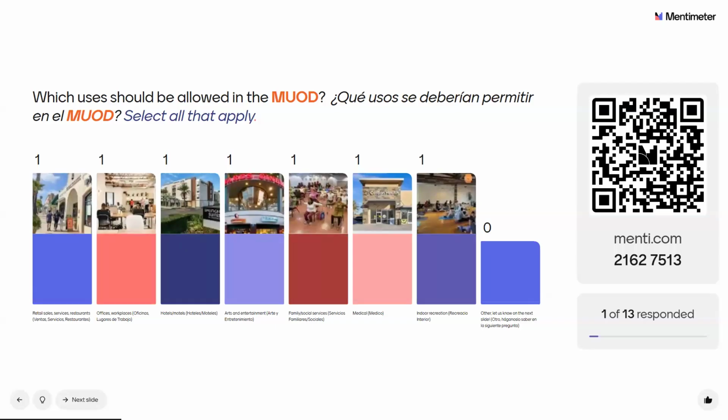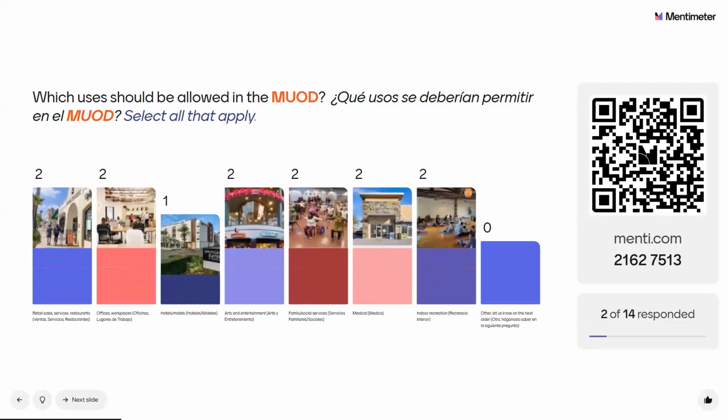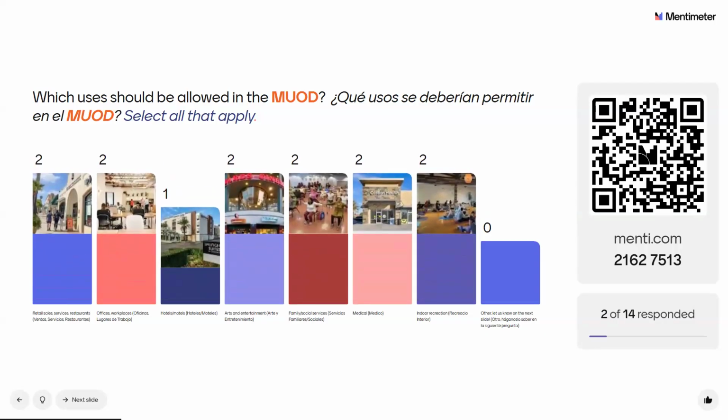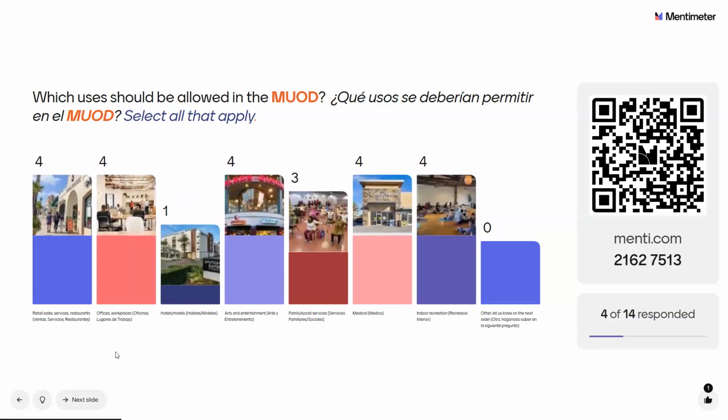Juan from our team has also added the same question in Spanish for folks that are using interpretation for today's meeting. And for folks that have thoughts about the other category, we'll switch over to a slide in just a second where you can input some of those ideas.